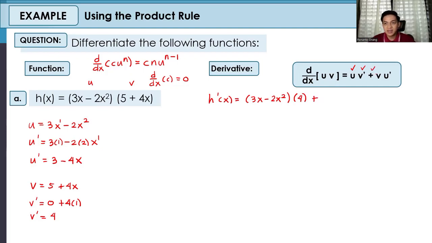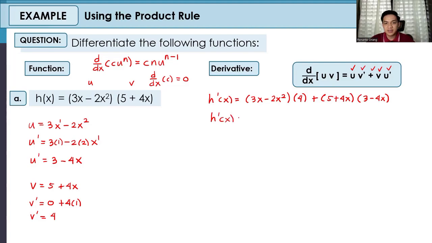So, plus. Copy-paste natin si v. That is 5 plus 4x. And then, copy-paste natin si u prime, which is 3 minus 4x. So, tapos na tayo in differentiating. All we need to do is to simplify na lang.